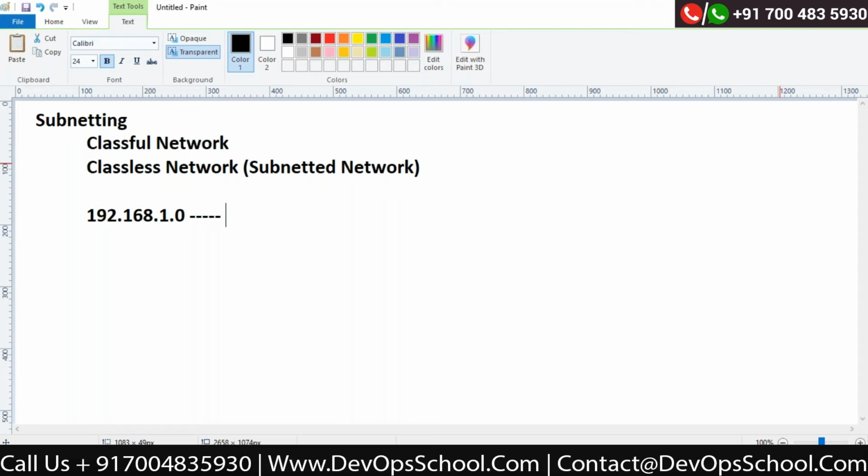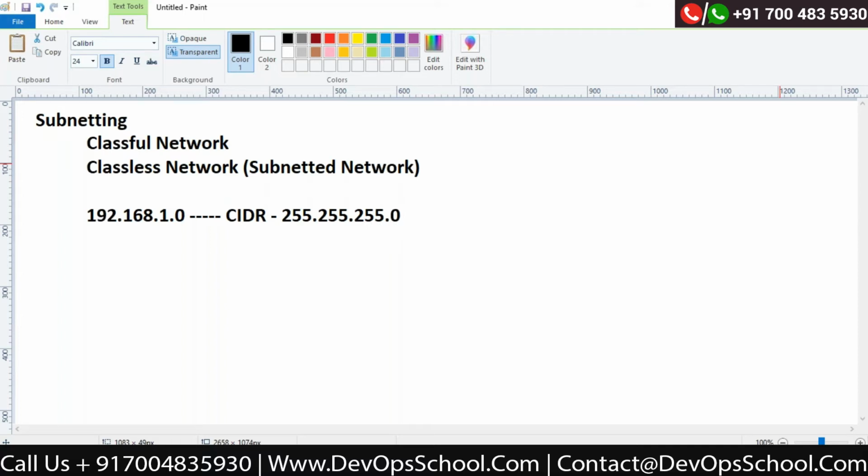In the CIDR method, classless inter-domain routing, there is a method to write this. Now, what is the subnet mask of this? It is 255.255.255.0.